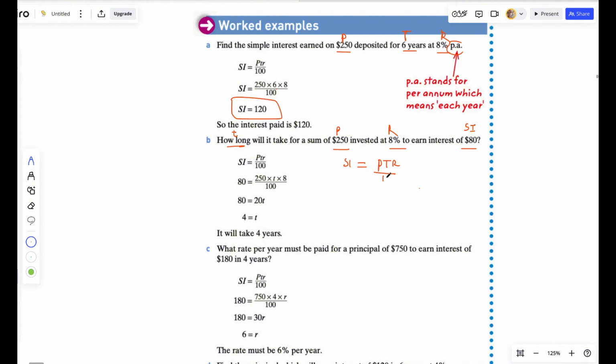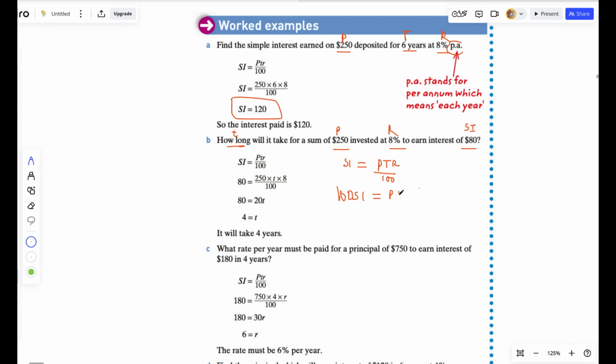To make time the subject, first of all cross multiply. If I cross multiply the simple interest and the 100, I'll get 100 times simple interest is equal to PTR.